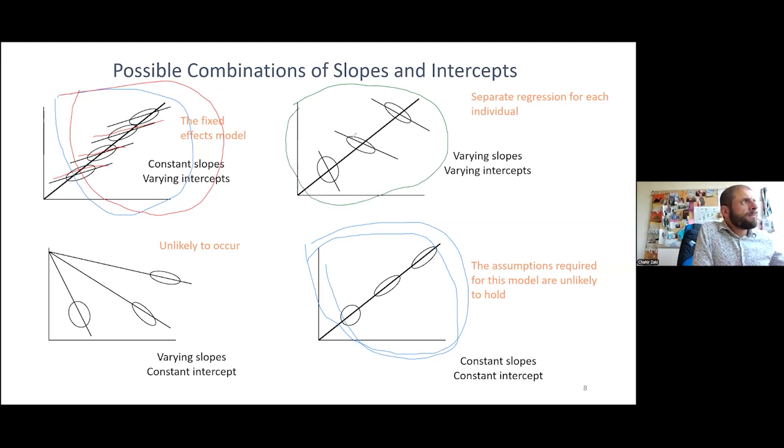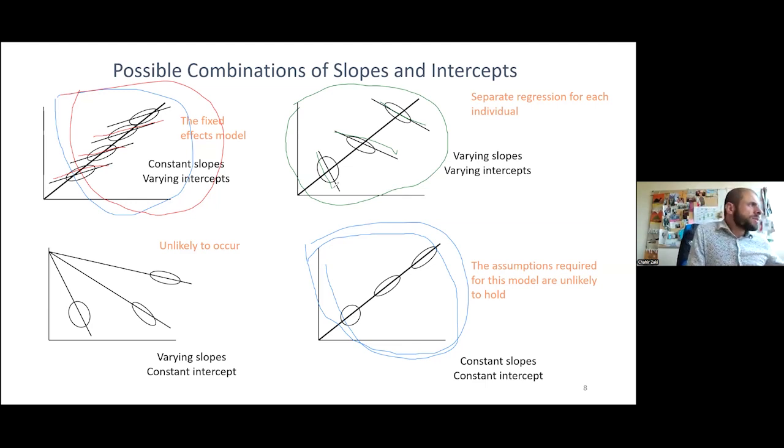Here in this case, each individual has his or her own slope and his or her own intercept. So this basically means that I'm running a regression for each individual, which means in this case that the variable can affect, for instance, Mejri in a different way than Riham. And in this case, I don't assume that the variable will affect all individuals the same way. And also, each individual has his or her own intercept.